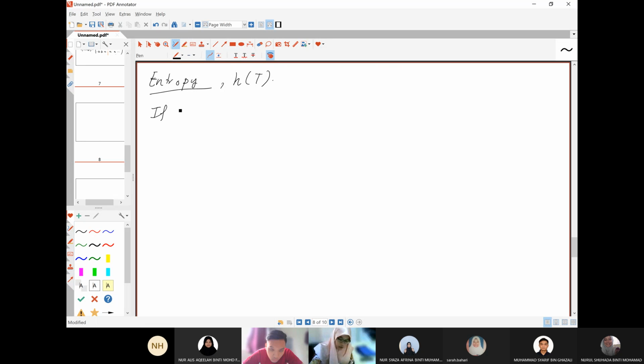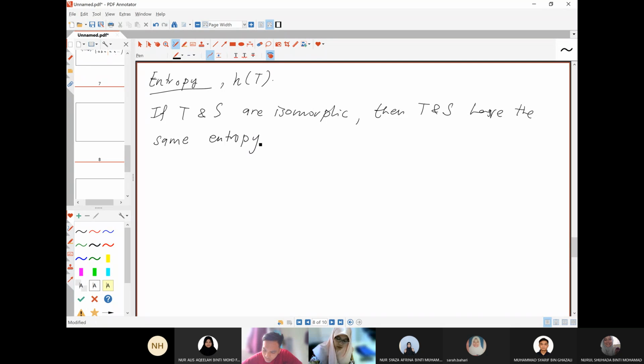So if these two transformations T and S are isomorphic, then T and S have the same entropy. Apa maksud dia? Maksudnya HT is equals to HS.